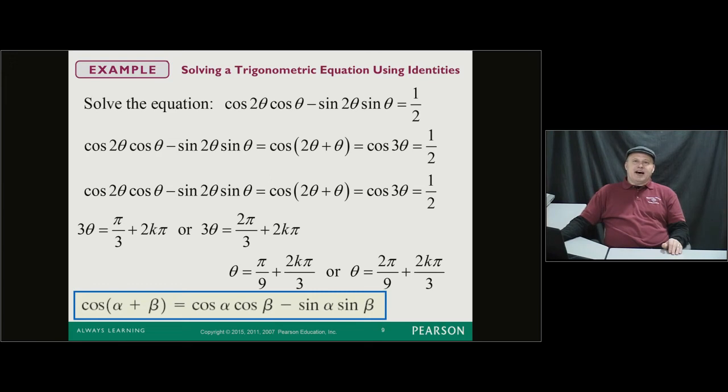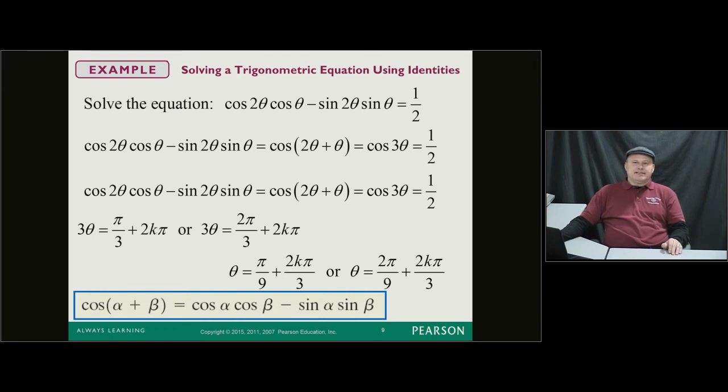3 theta does not equal 2 pi over 3, because cosine equals 1/2 in the fourth quadrant. Remember, cosine's not positive in the second quadrant. It's negative in the second quadrant. So that 2 pi over 3 plus 2 pi, it should be 5 pi over 3 plus 2 pi k, or 2k pi, whichever.